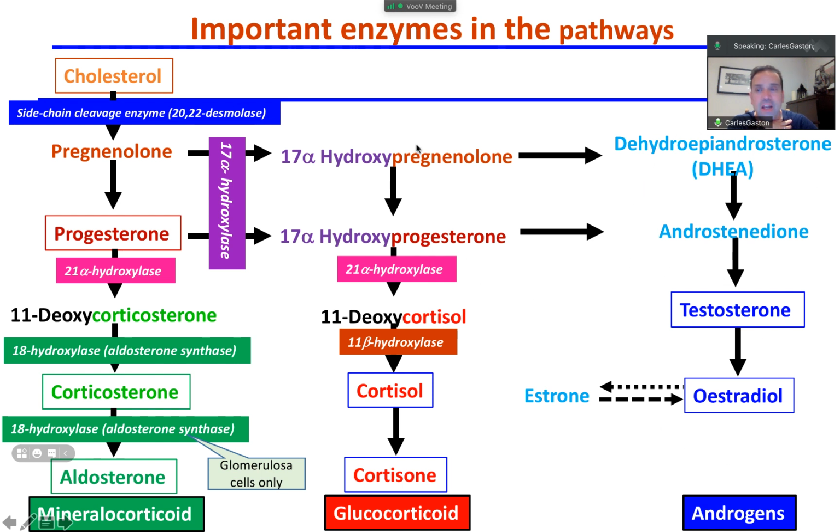As we just saw, they can go from cholesterol through pregnenolone, then 17-hydroxypregnenolone to dehydroepiandrosterone, DHEA, and that gets converted to androstenedione and testosterone. And also testosterone, we will see, can be converted to estradiol.